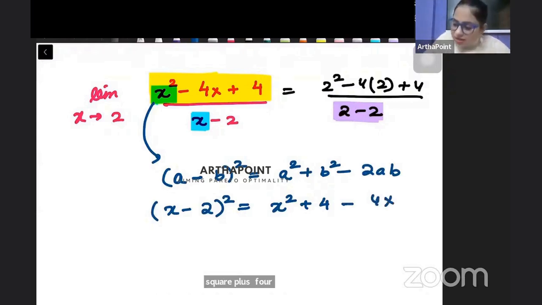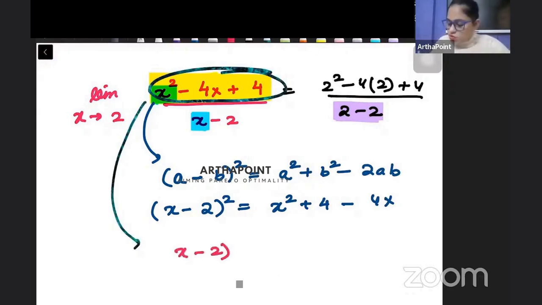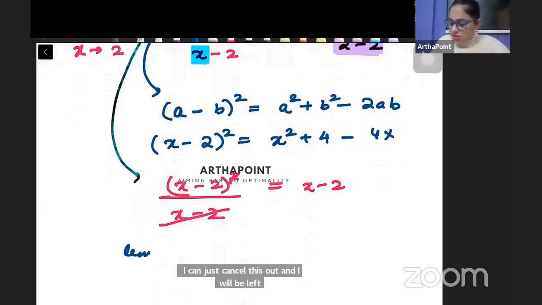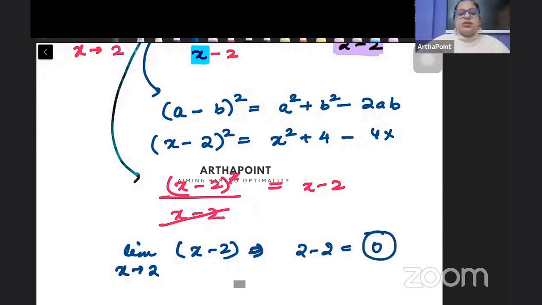So मेरे को clearly identify हो रहा है that this numerator is nothing but x minus 2 whole square upon x minus 2. So I can just cancel this out and I will be left with x minus 2. तो यहां से हम बोल सकते हैं that limit x tends to 2, x minus 2, this will be 2 minus 2, which will be 0.